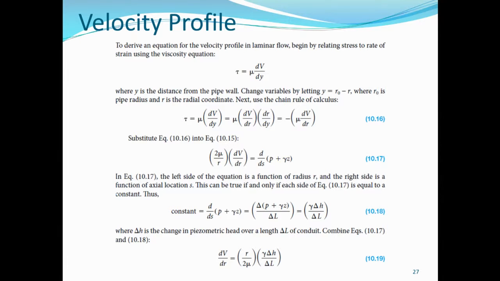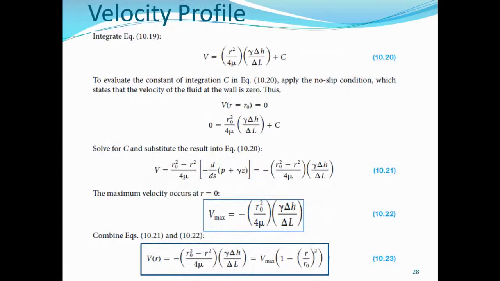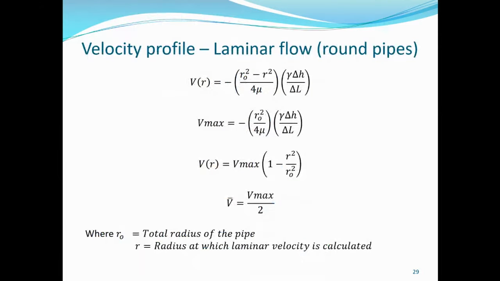We'll simply explain this derivation, because what we are interested in generally is something that we know before: in laminar flow, the average velocity is equal to the maximum velocity over 2. When you have laminar flow in a pipe and you draw the velocity profile for a section, this is the maximum velocity here, Vmax.